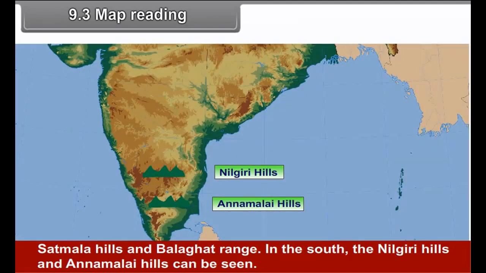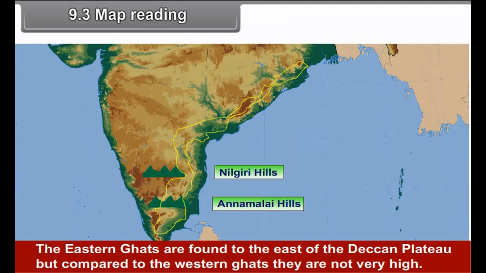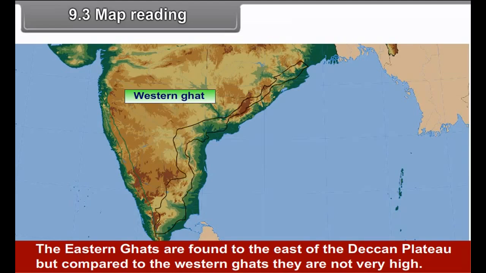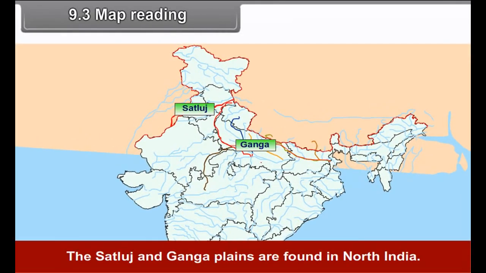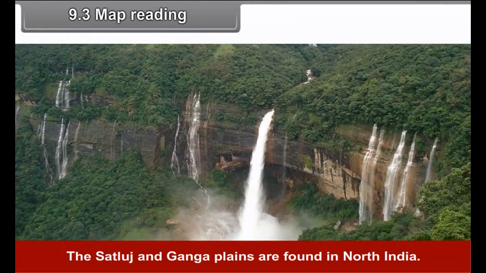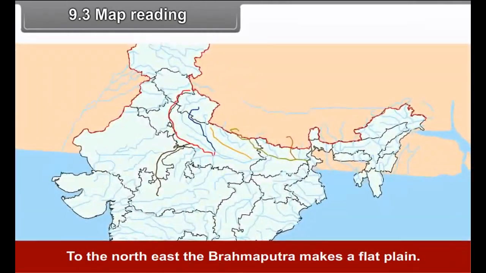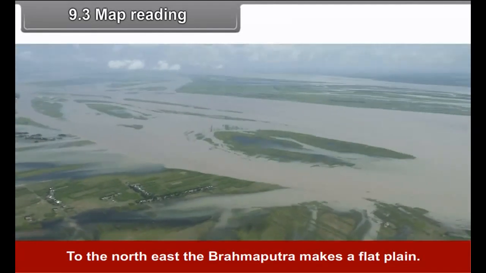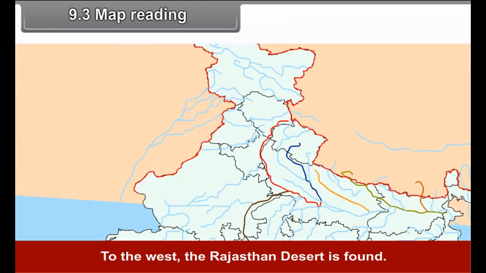In Madhya Pradesh, the Vindhya ranges run in a west to east direction and the Satpura range runs almost parallel to them. The Western Ghats run along the coast from north to south with offshoots like Ajanta, Satmala Hills and Balaghat range. In the south, the Nilgiri Hills and the Annamalai Hills can be seen.